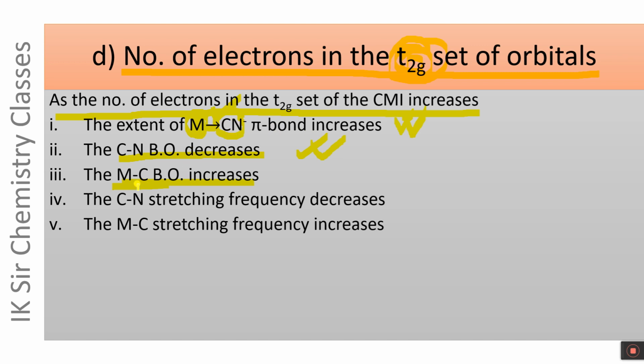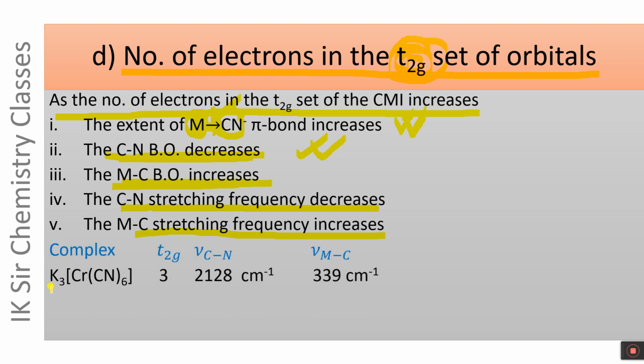This pi bonding increases MC bond order because it leads to formation of a pi bond which is in addition to the sigma bond. The CN stretching frequency decreases due to decrease in CN bond order, and MC stretching frequency increases due to increase in MC bond order. It can be explained with the help of a suitable example.